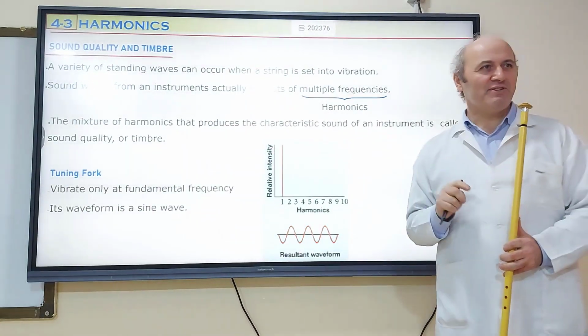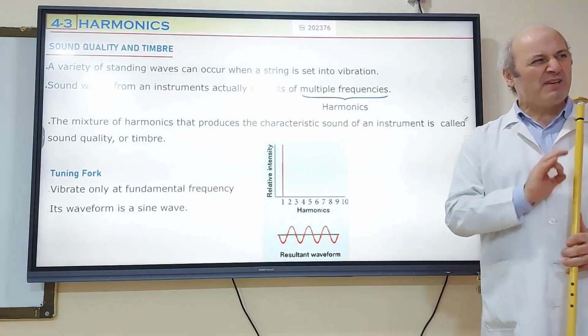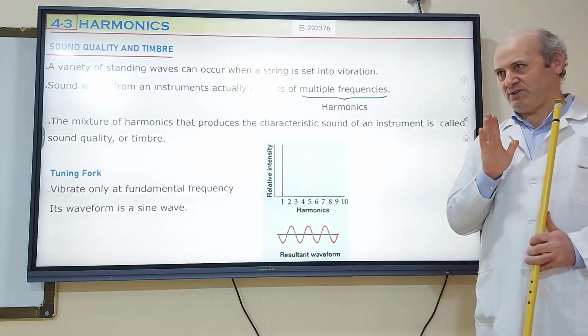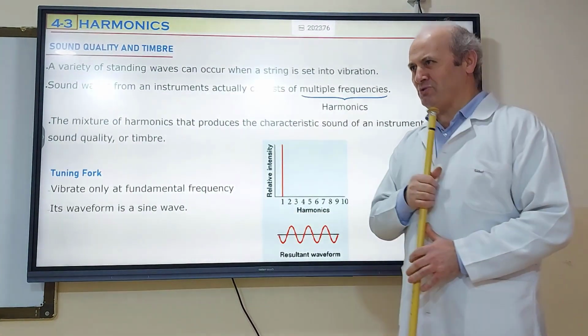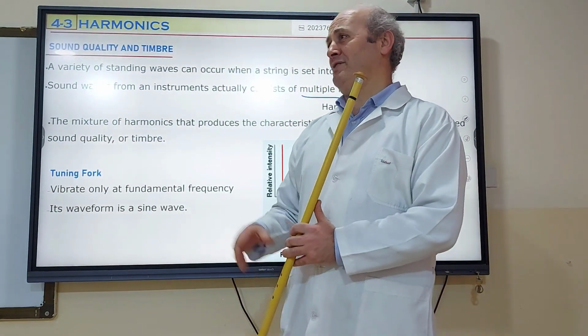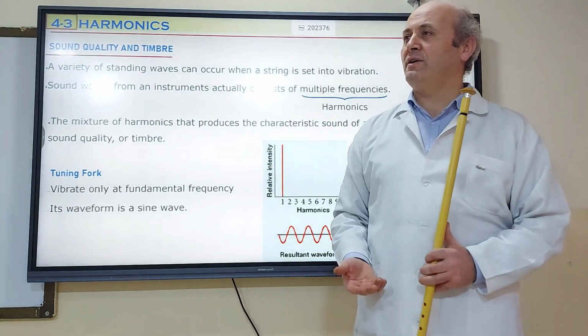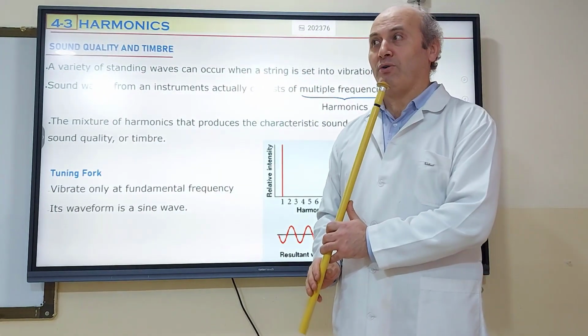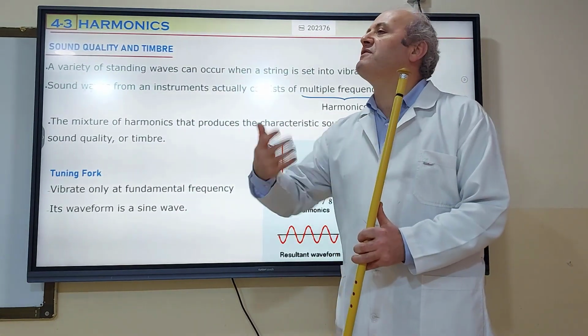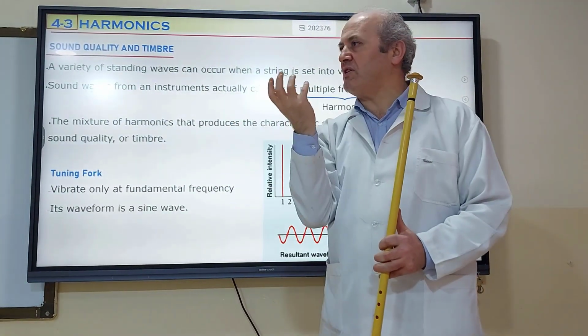In fact, timbre, in short definition, is a mixture of harmonics. Then you can ask yourself: why is a clarinet's sound different from a flute? Why is a flute's sound different from a saxophone, even though they play the same note? Because different harmonics dominate at a single time. The mixture of the harmonics is different.